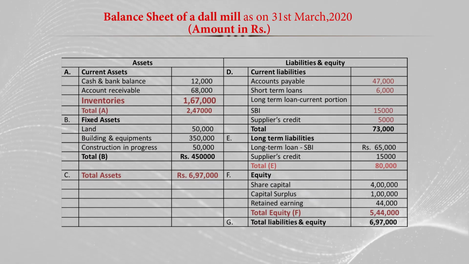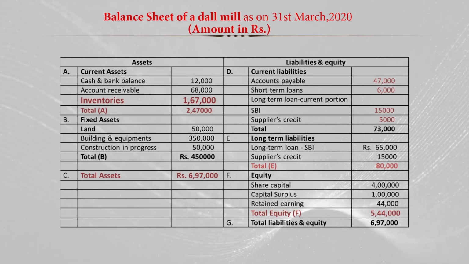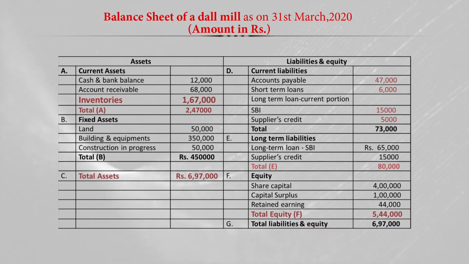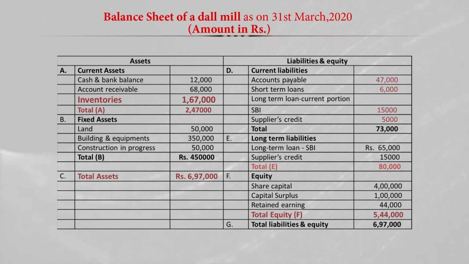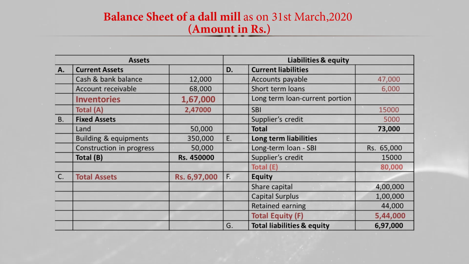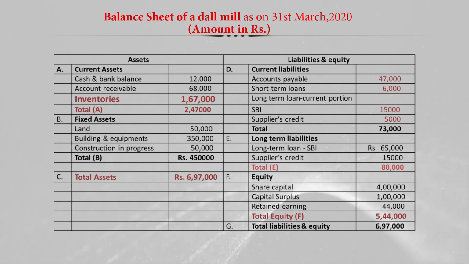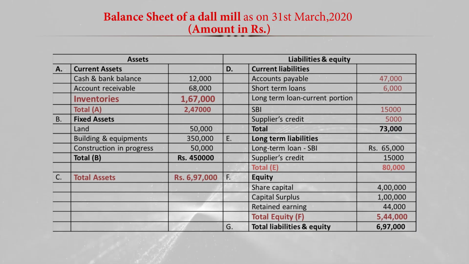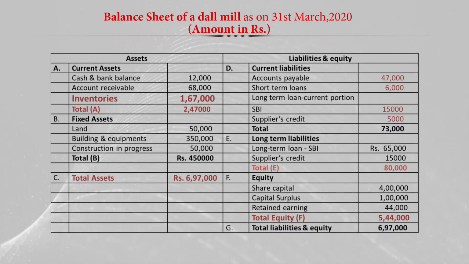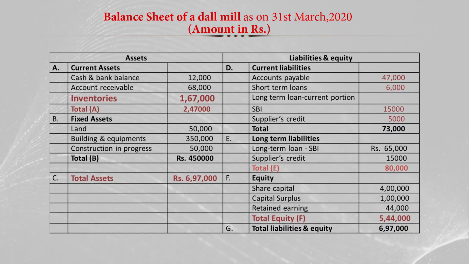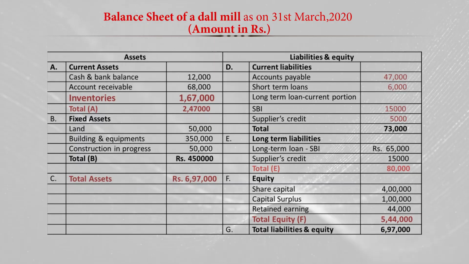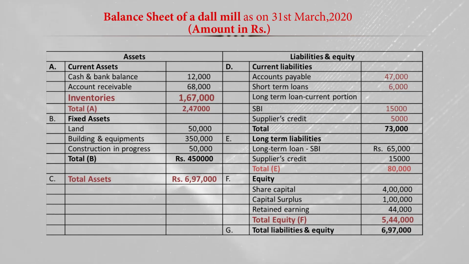And I am giving here the balance sheet and the income statement of a dal mill. In calculating the financial ratio, we will be using the different figures, the financial information available in the balance sheet. So I have highlighted the figures which we are using in the calculation of the financial ratios in brown color, and all these figures we will be using in calculating the financial ratio.